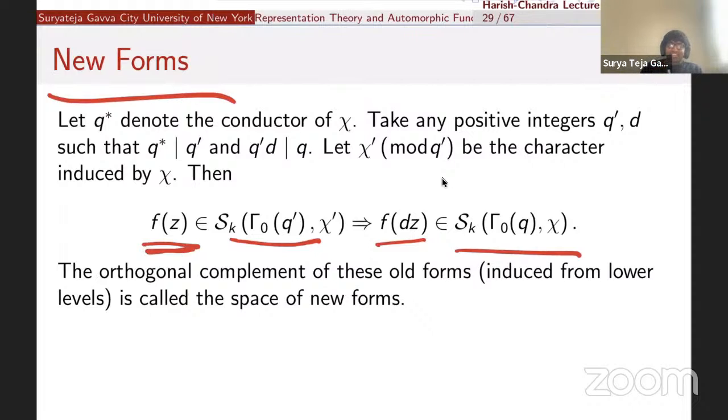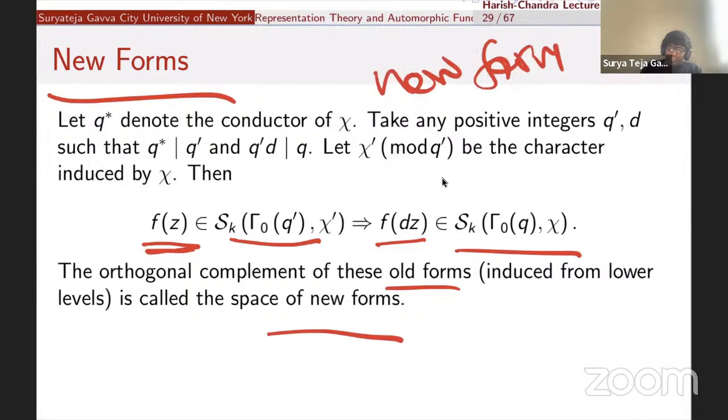So in that sense, things coming from lower levels we think of as some kind of old forms. Forms which are orthogonal to these are called new forms. So these are genuinely new objects inside these spaces.